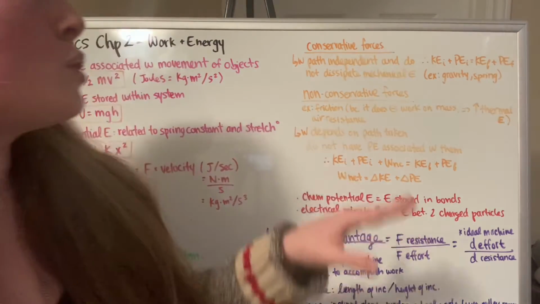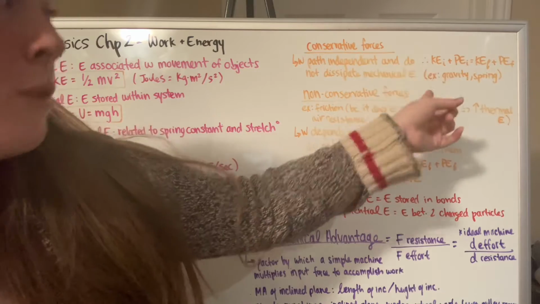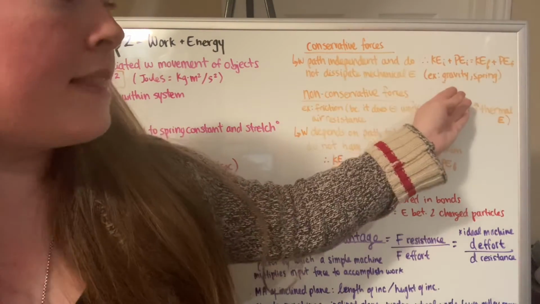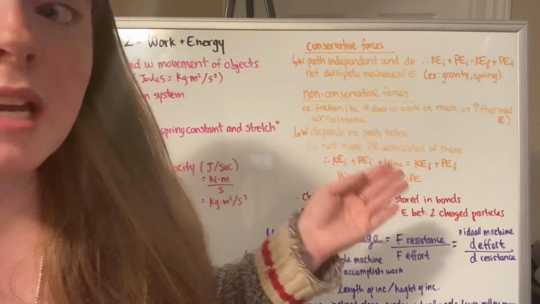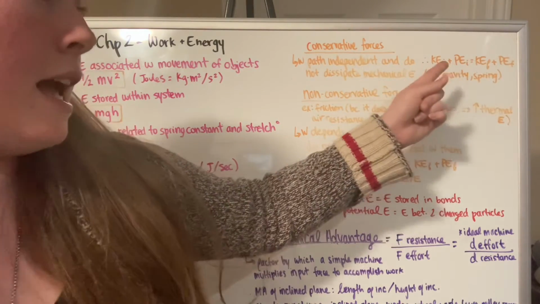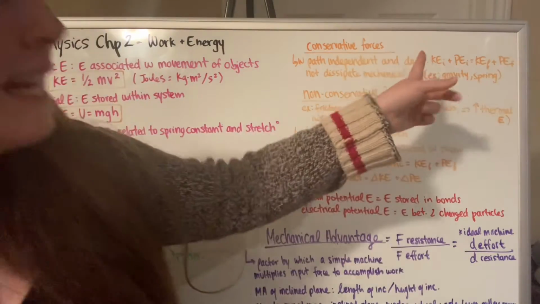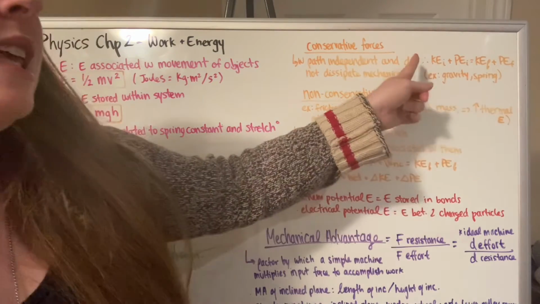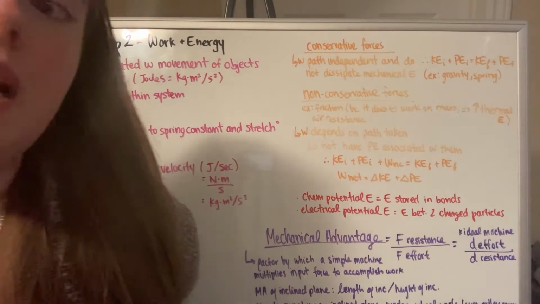So that is when we can look at an equation up here that says, based on this, the initial kinetic energy plus the initial potential energy equals the final kinetic energy plus the final potential energy.